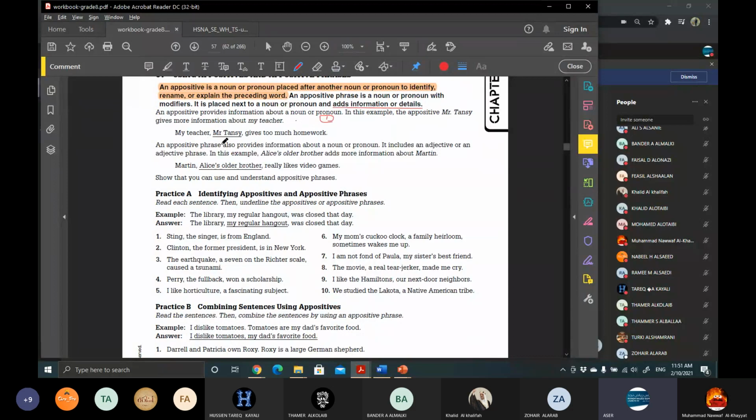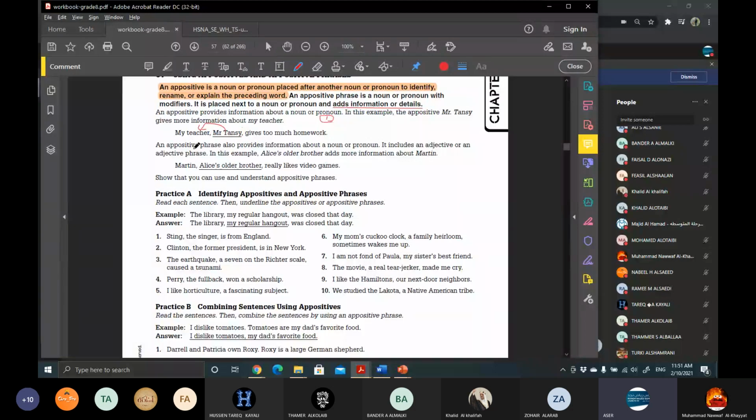So my teacher, Mr. Tansey. So who is your teacher? Mr. Tansey is my teacher. Okay, so Mr. Tansey here is the second noun, and we used it in order to identify the first one.